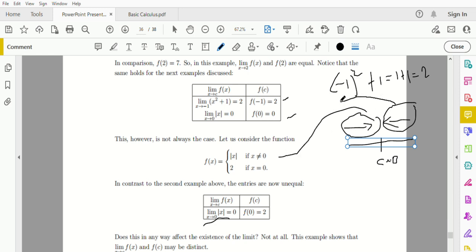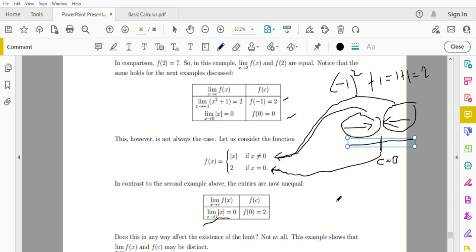That is why we're using the absolute value of x. But at x equals 0, which is this line, we are using the second function, which is equal to 2. So here, f of 0 is equal to 2.